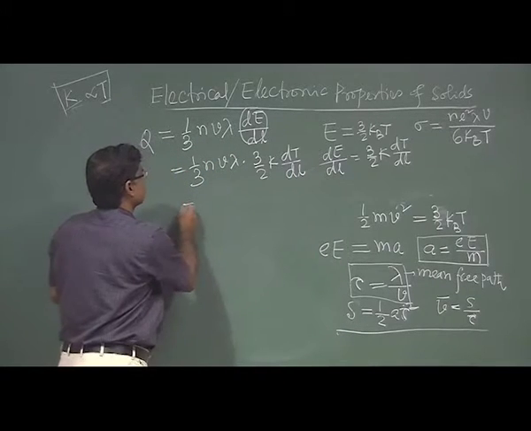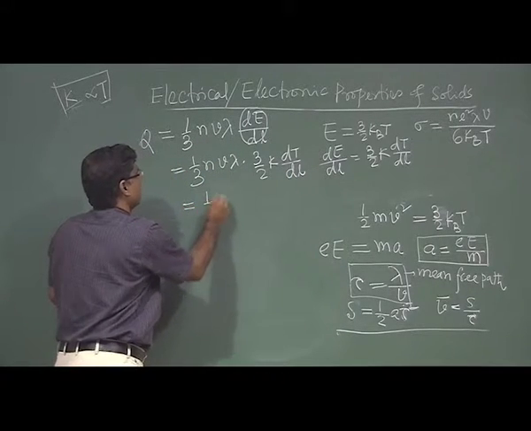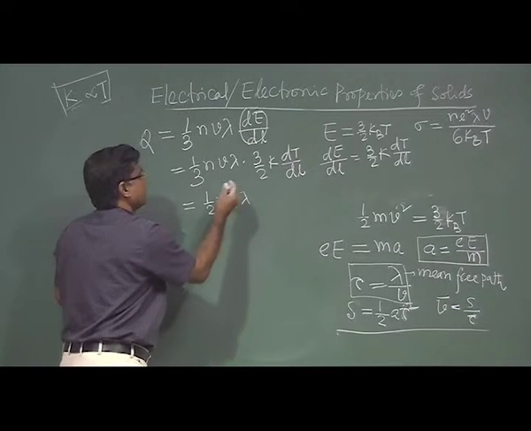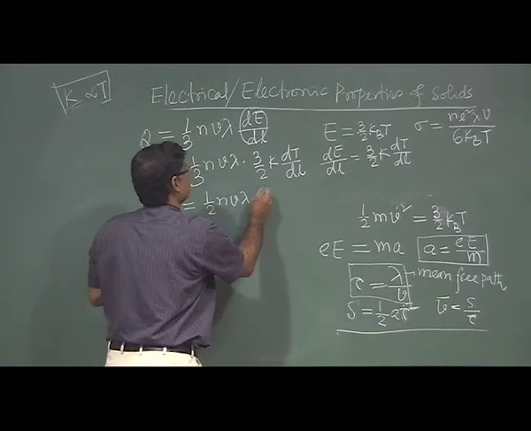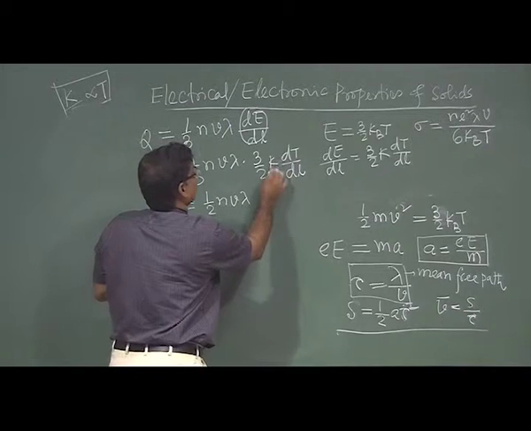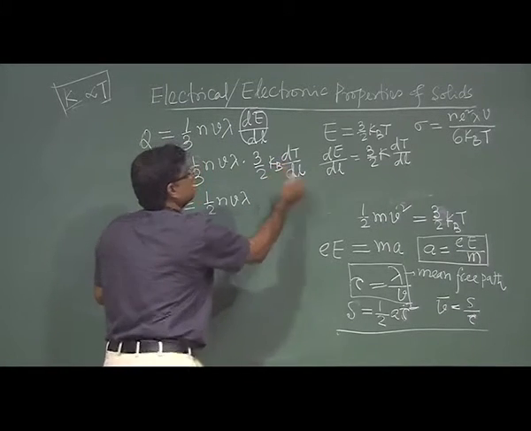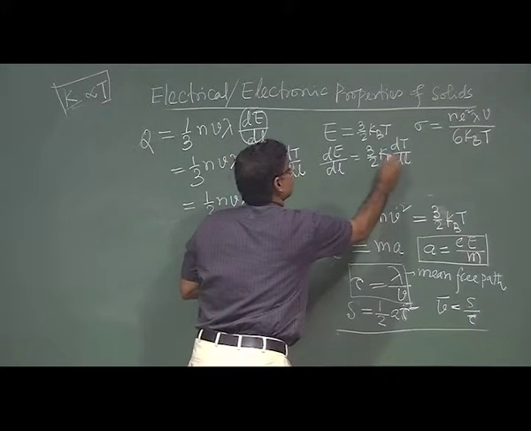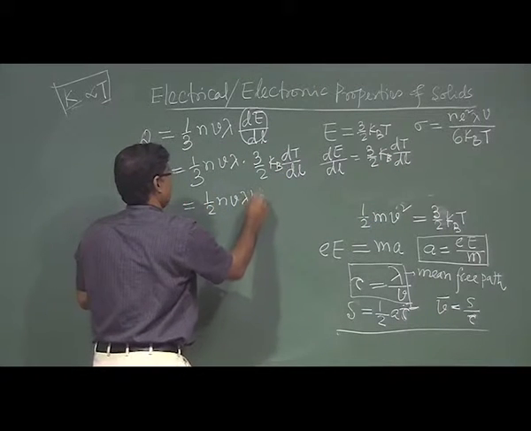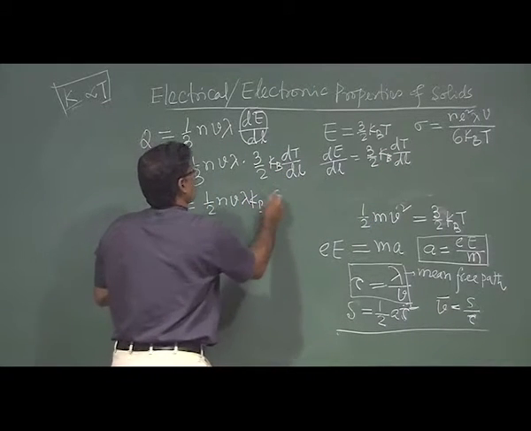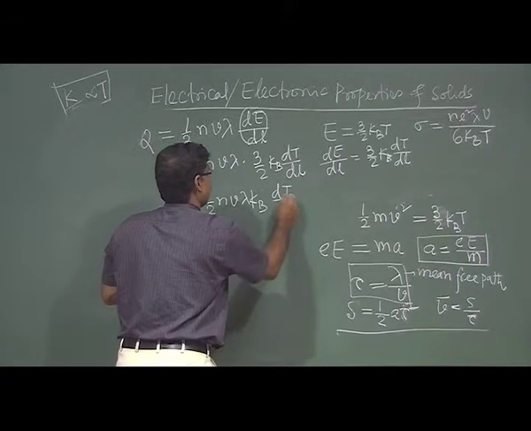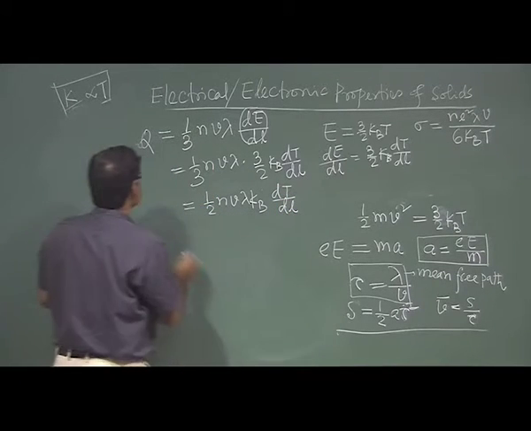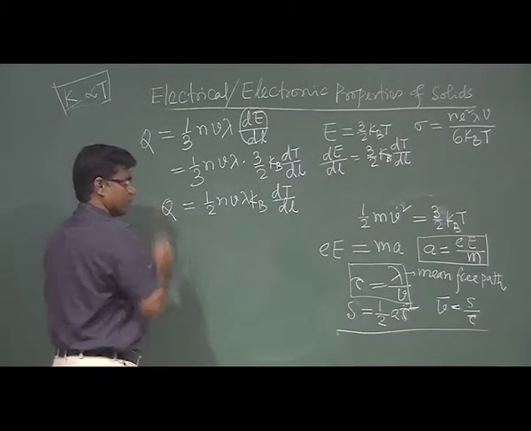So, this will give me half n v lambda kB dT by dl. Earlier I used kB.